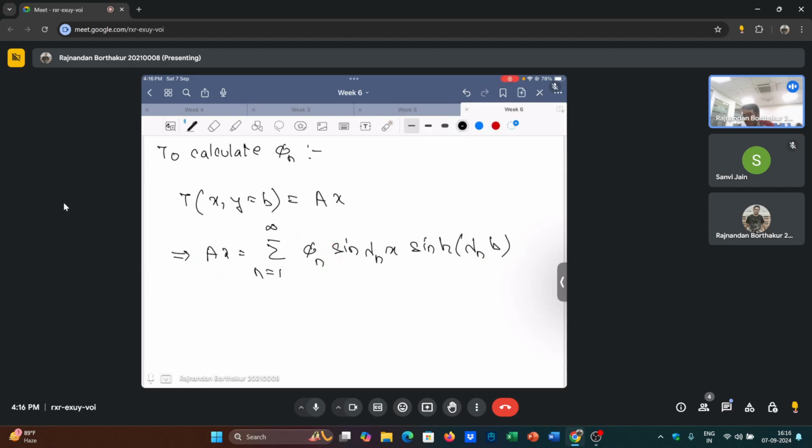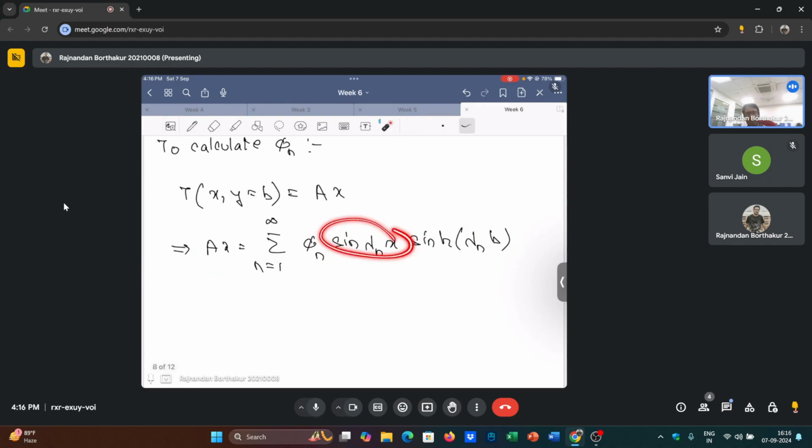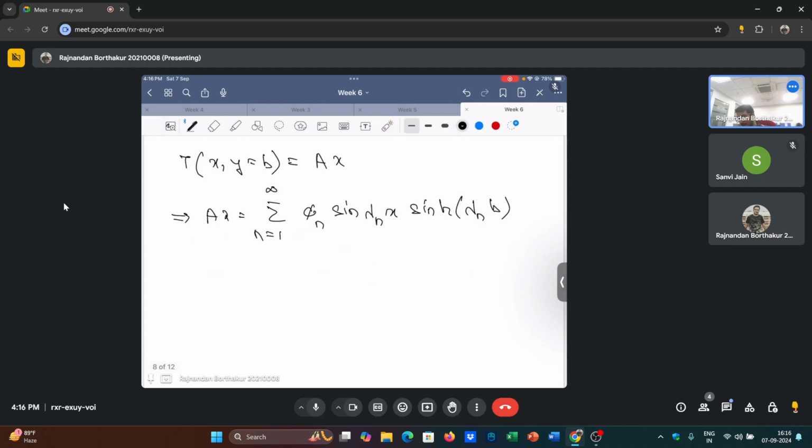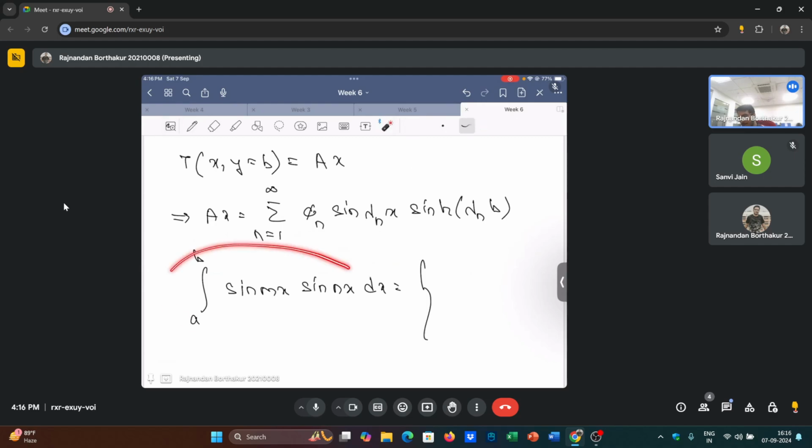So what we will do is use the orthogonality principle of sine and cos. Remember, these sine functions are orthogonal, which means if I integrate sine mx and sine nx, where n and m are integers, can you tell me under what condition this integration becomes 0, and under what condition it does not equal 0?